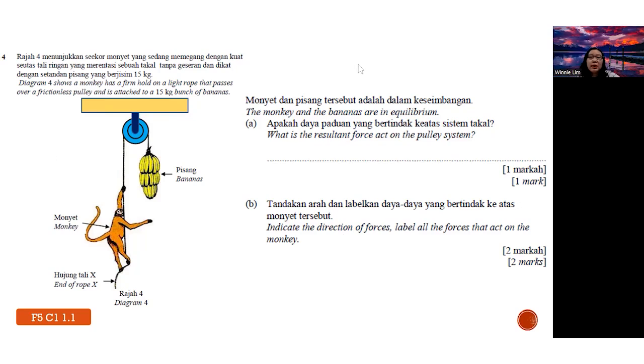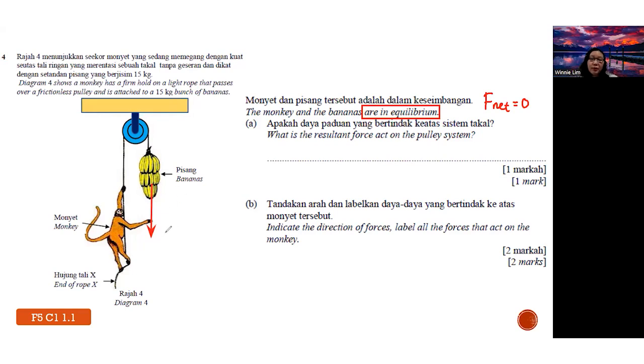Okay, so the keyword for these questions is they have the words, they are in equilibrium. So what is meant by equilibrium? Equilibrium means the resultant force acting on the system is zero. So in short, we normally say a net force. Okay, so therefore, on the right hand side, you will have the weight of the bananas, which is actually 15 kg of mass.